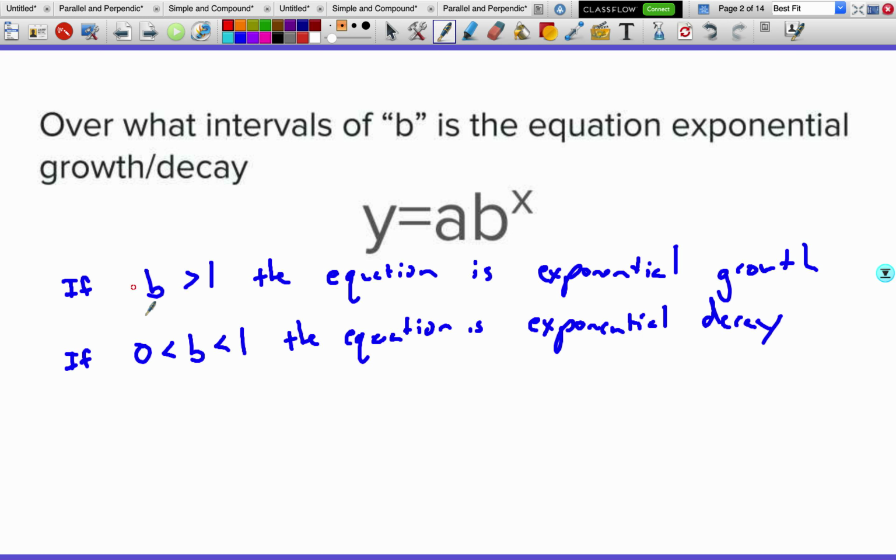All right, and then if b is exactly 1, then we're just multiplying by 1 to some power, but that will always be 1, so it will neither grow nor decay, it will just be constant. And if b is negative, some really strange things happen, because a negative raised to an odd number is negative, but to an even number is positive. So it would be flipping back and forth between being positive and negative, really a pretty chaotic graph that would create.